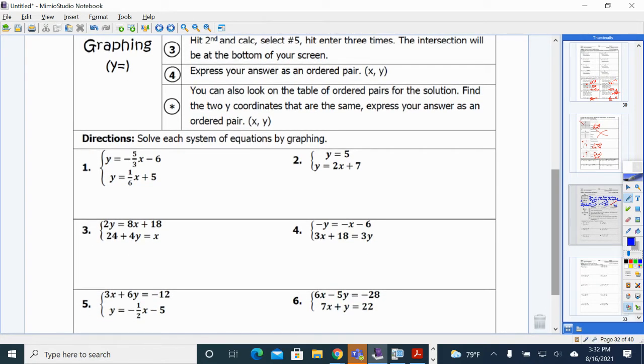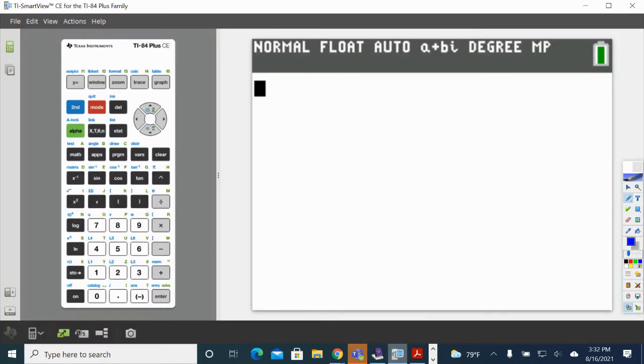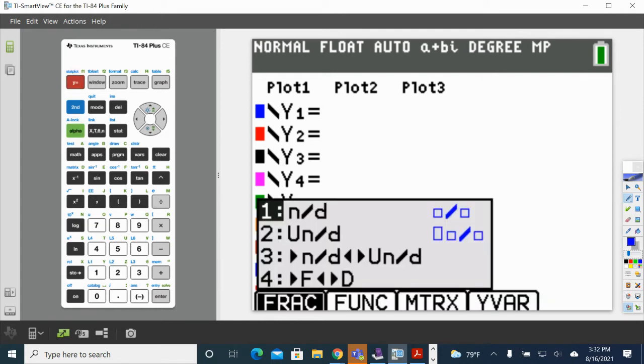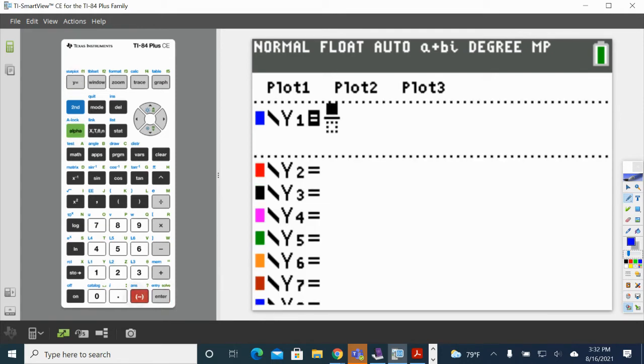Both equations are already in slope-intercept form, so I'm going to pull up my graphing calculator. And I'm going to put both of those equations into the y equal. So go to y equal on your calculator. We're going to put in both of those equations here. The first one is negative 5/3 x minus 6. So I'm going to pull up a fraction, negative 5/3.